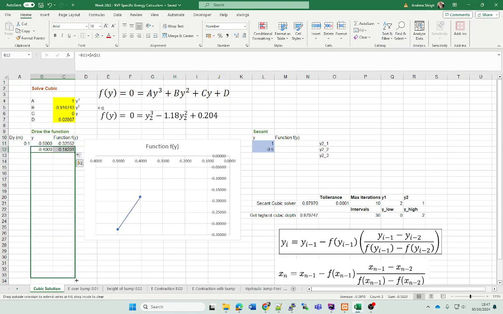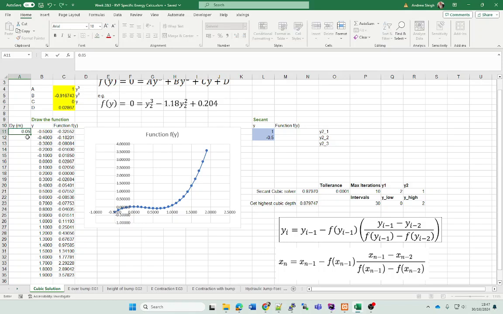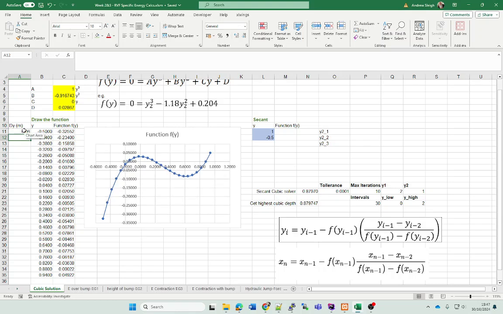Drag that down to about 35, wasn't it? We see it crosses here. Let's get a bit more focus. Change that to 0.05. Not quite. 0.06. Okay, so we can see a solution between minus 0.2 and minus 0.14, another one at 0.2, and another one between 0.82 and 0.88.